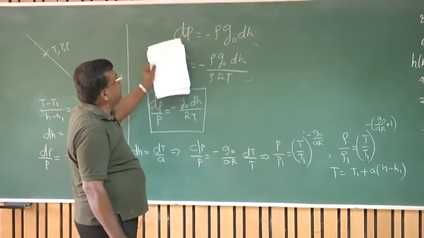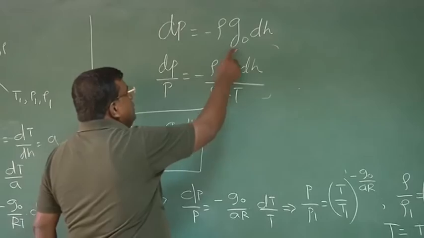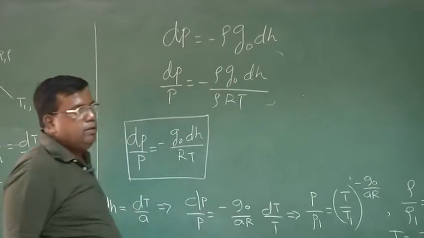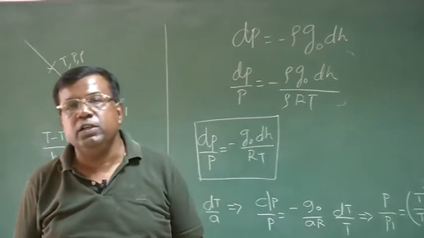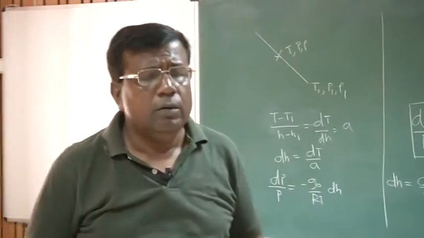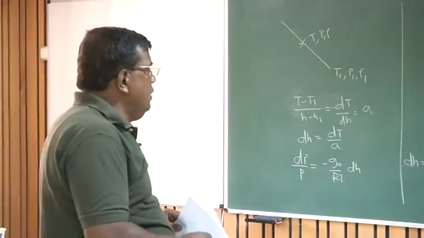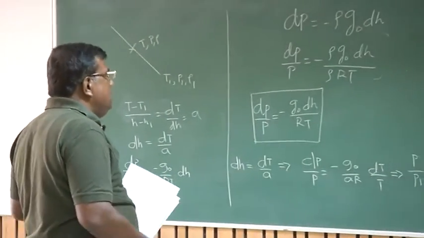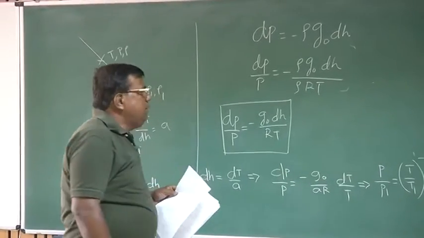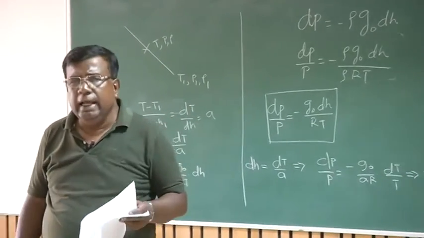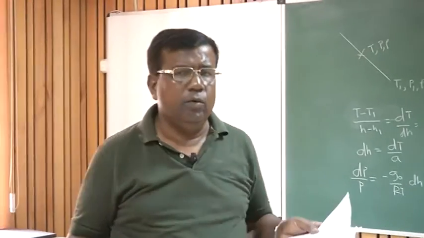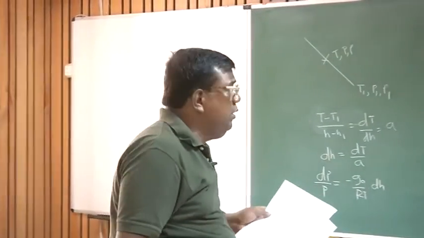We got dP equal to minus rho G naught dH, and H we have defined as a geopotential height, which is a fictitious height. But assuming that acceleration due to gravity is constant, and we have also seen that H and Hg hardly differ. The error is around 1%, even at 65 kilometers.